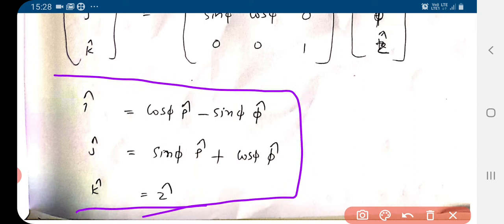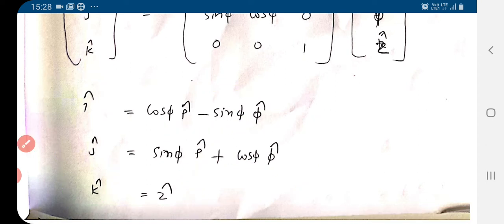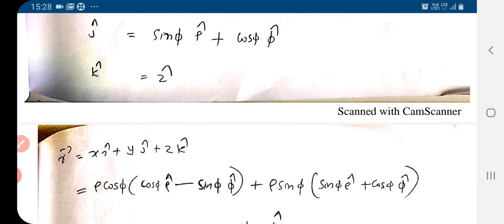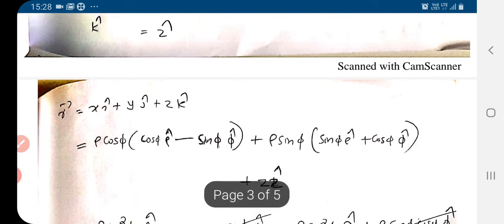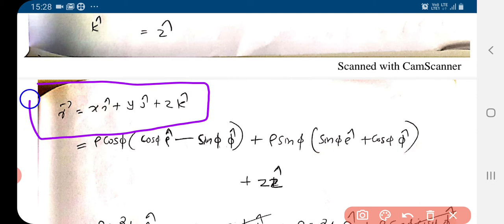Okay. So we can get i, j, k, these three unit vectors, in the cylindrical coordinate system. Now our next job is to find vector r in the cylindrical coordinate system. Here vector r in Cartesian coordinate system is xi plus yj plus zk.